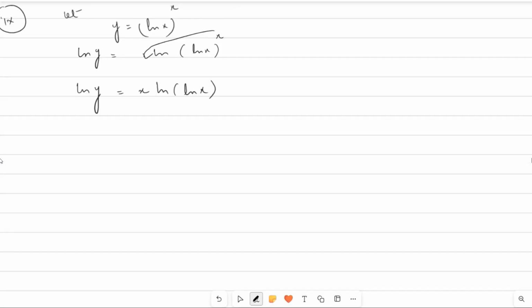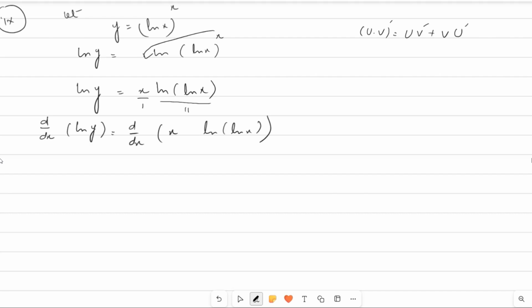So here you can see we are having two functions, first function and second function, and we know if we are having the derivative of u times v, it will be u times the derivative of v plus v times the derivative of u. So taking d upon dx on both sides of the equation.